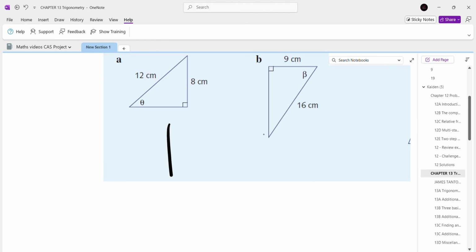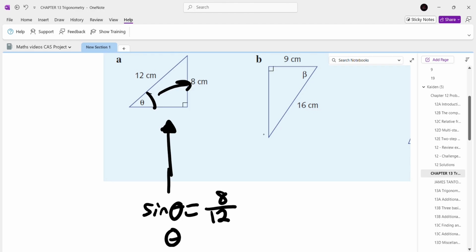So we'll be using our trig functions in order to solve these problems, and I'll just help you along. So we have this, which obviously we've got our opposite and our hypotenuse, so therefore it's going to be a sine. So the sine of theta equals 8 over 12. Therefore theta will equal sine negative 1 of 8 over 12.